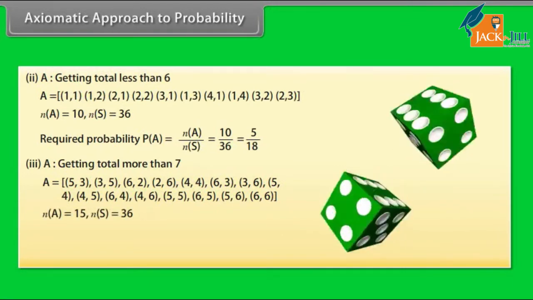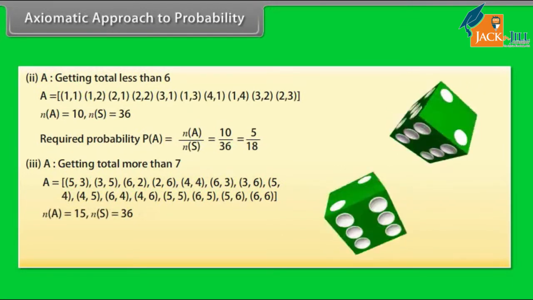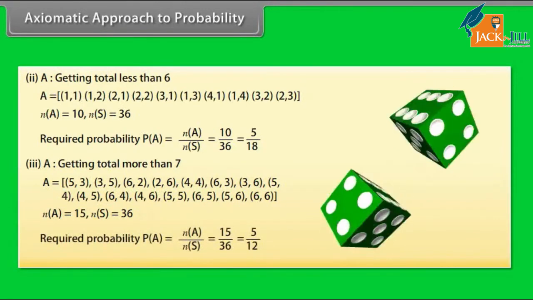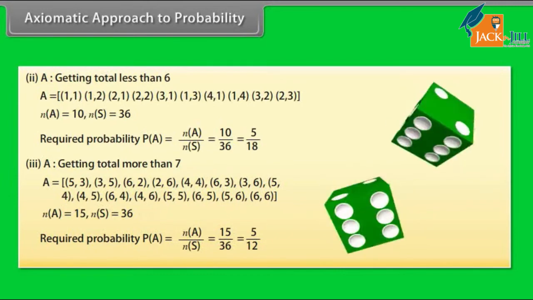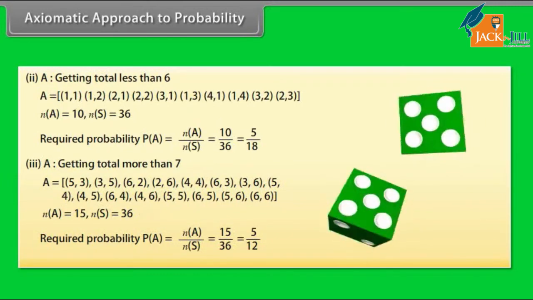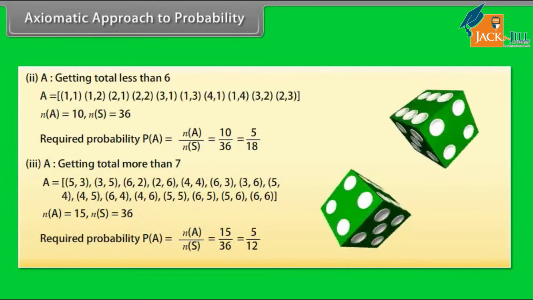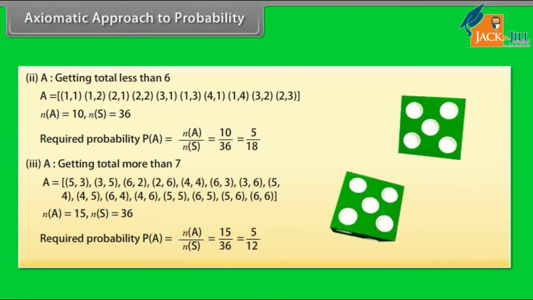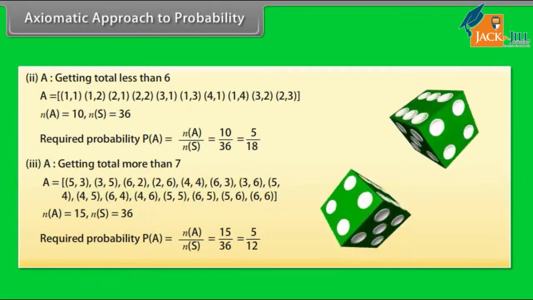N(A) is equal to 15. N(S) is equal to 36. Required probability P(A) is equal to N(A) by N(S) is equal to 15 by 36 is equal to 5 by 12.